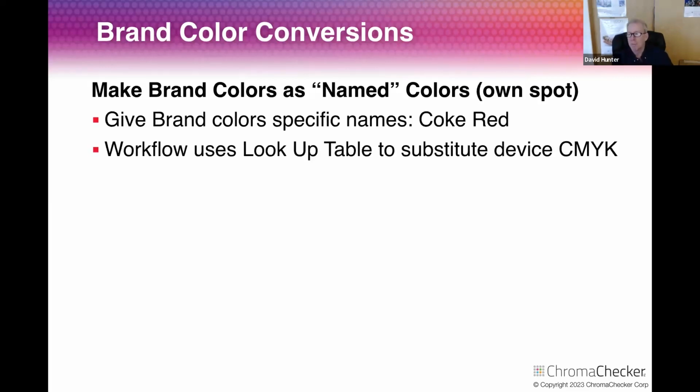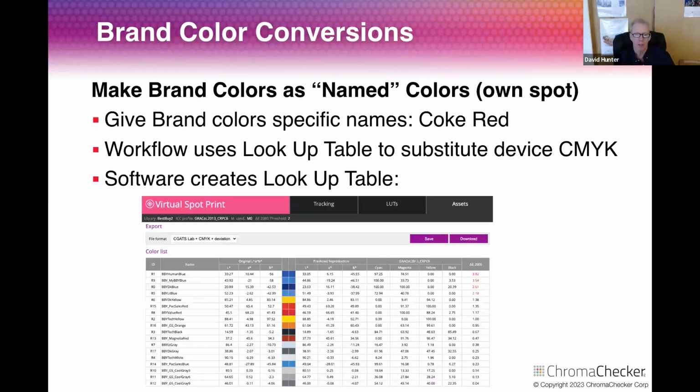And then the workflow, i.e. whichever RIP or color server you're using, looks at the file and says, oh, Nabisco red. Oh, okay, on this printer, it's this CMYK. On that printer, it's this CMYK. On this printer, it's this CMYK. It knows automatically how to optimize the build based on the print profile that you're outputting to.